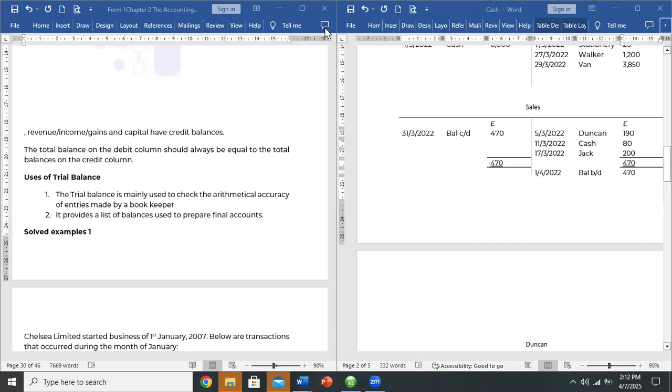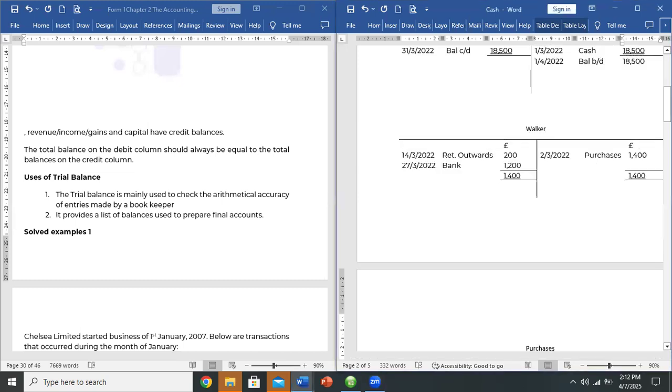Okay, I think Austin has typed. So Austin says, I was asking if no matter what, there should be a brought down and carry down apart from the credit and debit side being the same. Yes, so you saw the example in Walker's account, right? In Walker's account, there was no difference because the debit side was 1,400, the credit side was 1,400.